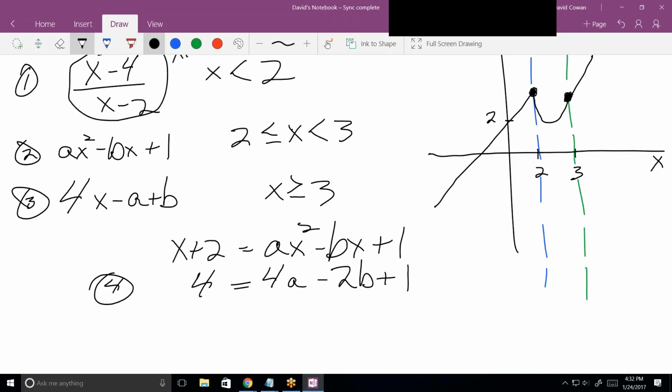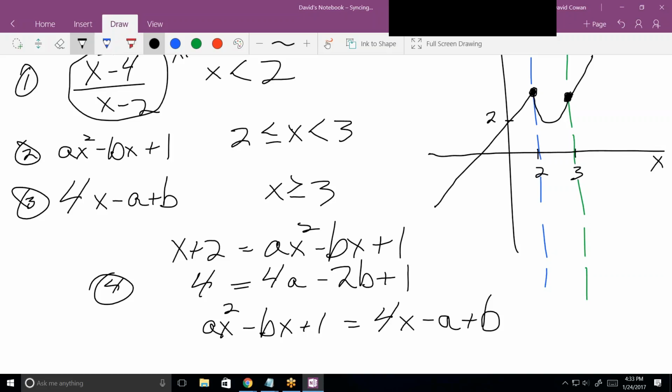So if I say that ax squared minus bx, this is function 2, plus 1 has to be equal to 4x minus a plus b. For it to be continuous, that would have to be a true statement. And it has to be true when x is 3.